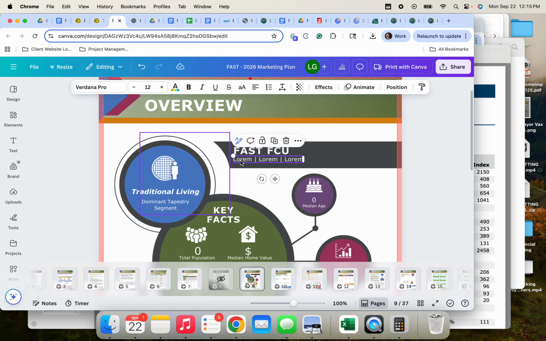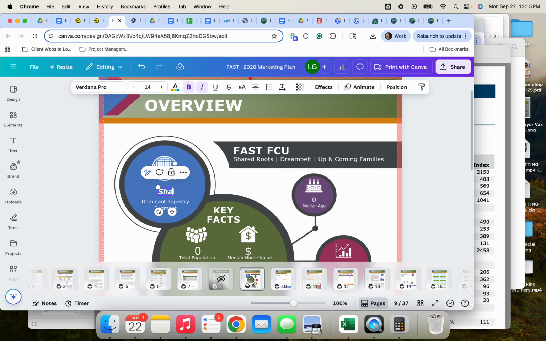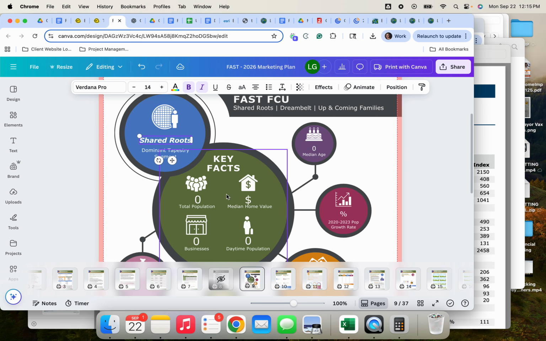So we'll do shared roots, dream belt, up and coming families. Okay, so the main tapestry geographic group is going to be that shared roots, so we'll put that there.